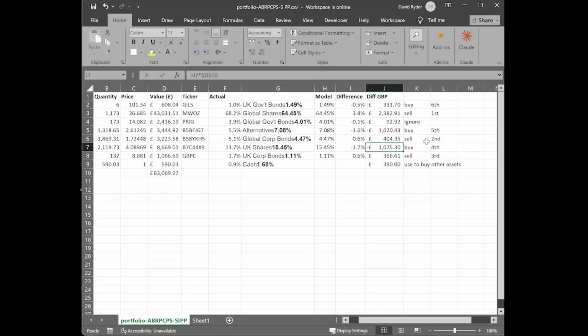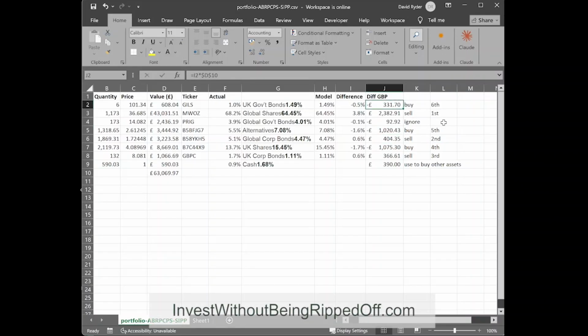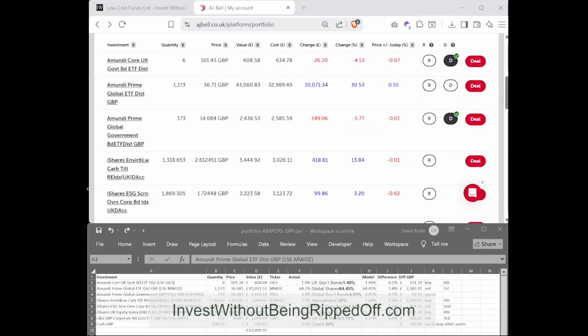That is definitely worth buying. That is definitely worth buying. And then sixth, well, we'll see if that's worth buying. And this one, 92 quid, we can ignore that. And the cash that's here is already in place. So those are the things I'm going to do in that order.